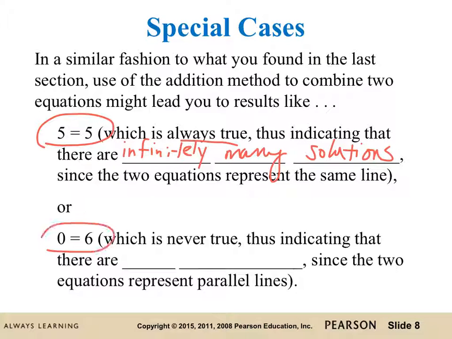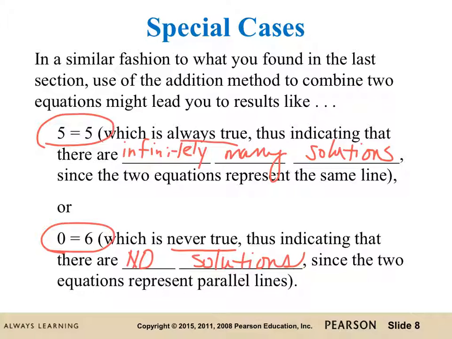Or something like 0 equals 6, which of course is never true, indicating there are no solutions, because the equations represent parallel lines.